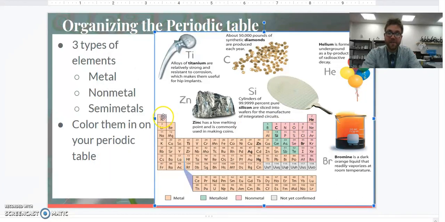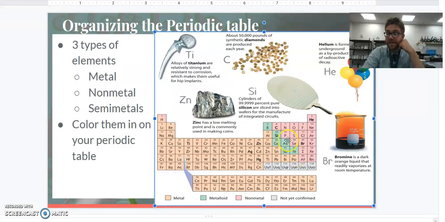Now, please know, hydrogen is a gas. Since hydrogen is a gas, it is a nonmetal, but it hangs out with the metals in group 1 because it has 1 electron in its outside shell. But please know that hydrogen is a nonmetal.